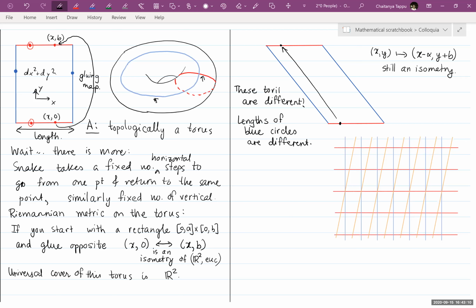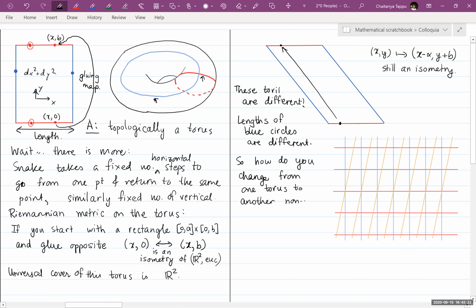And a question is, well, how do you change from one torus to another non-isometric torus?